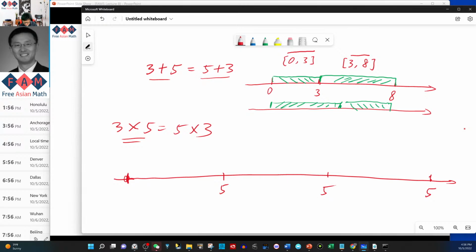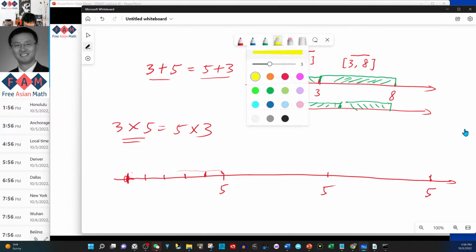Why is this equal to 5 times 3? Well, imagine the line segment from 0 to 5, where we have 5 unit lengths. Let's color them with different colors.